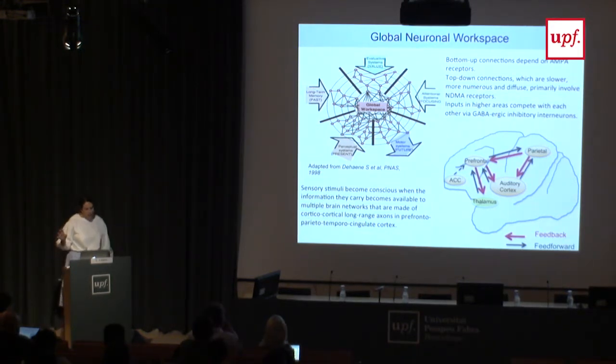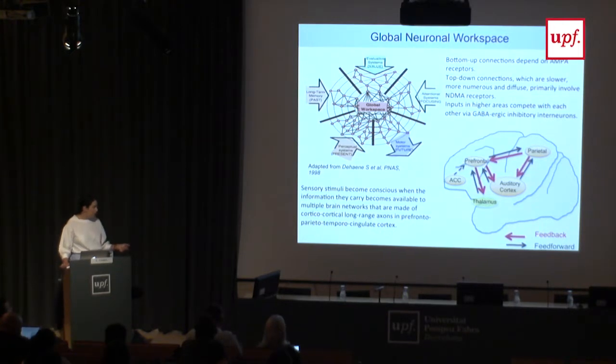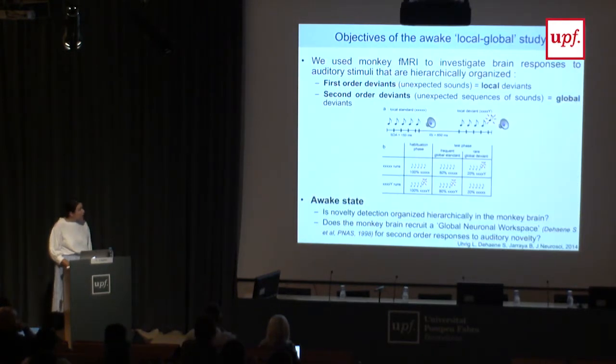For those who are not familiar with it, the global neuronal workspace means that if you receive a sensory stimulus, like the auditory stimulus here, it first arrives at the auditory cortex, but then to become really conscious to the brain, it has to be broadcast all around the brain to allow the integration of the information.